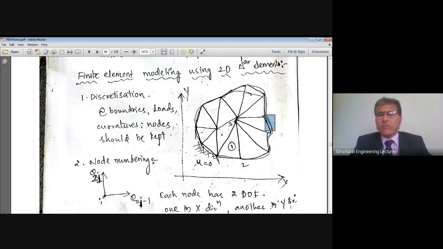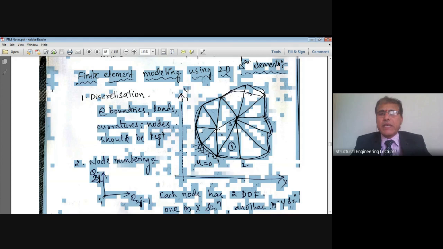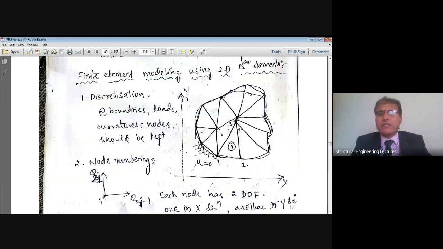Therefore, if it is a longer element, then you may go to the third element also. Then also you take care of this condition: wherever concentrated loads are acting like this, here a concentrated load is acting, there you must have a node. Let us say here at the intersection of this, I do have a concentrated load, then there must be a node.